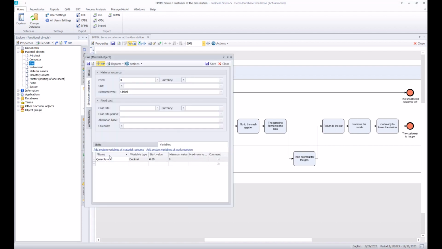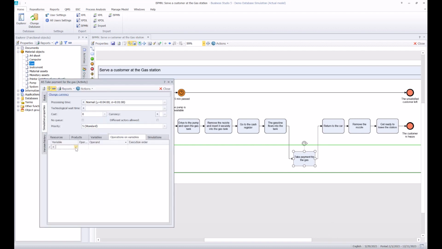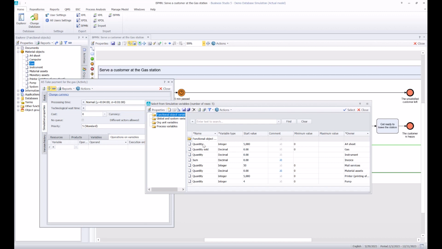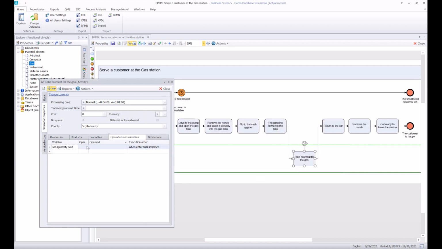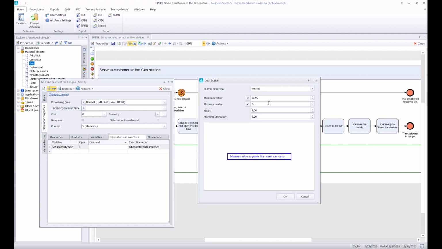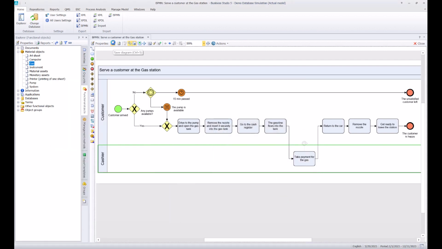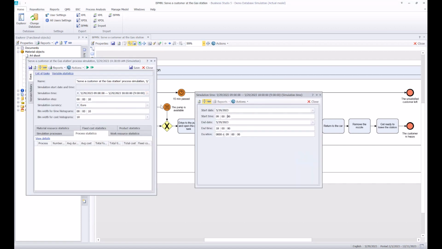Also, it's going to be quite important for us to know how many liters of fuel we sell. Let's start the simulation and see how the gas station operates in the evening.